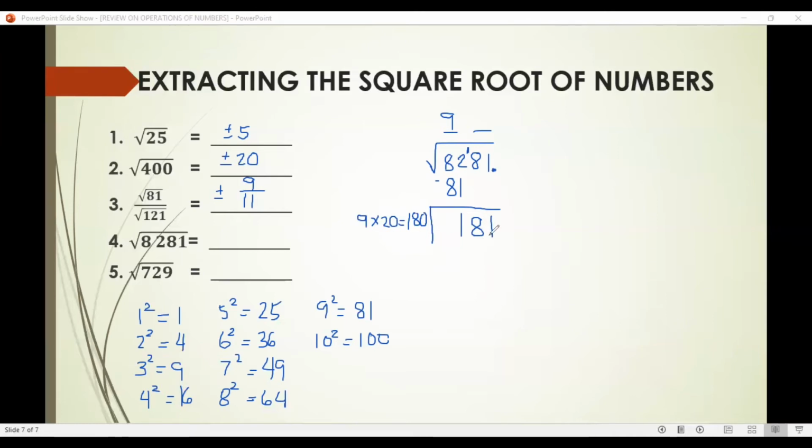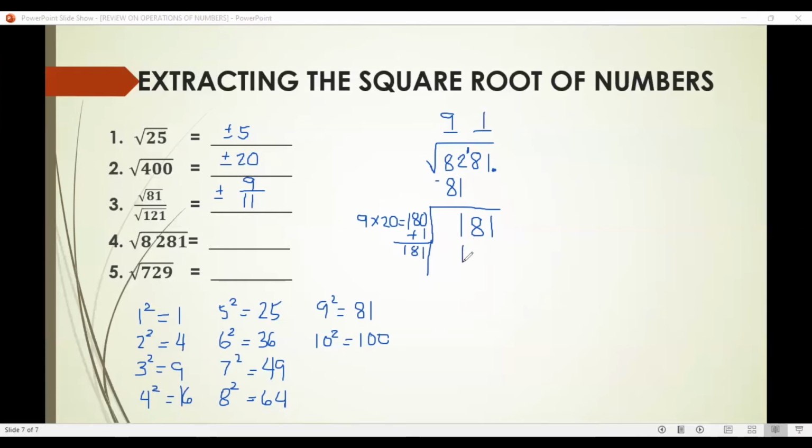So we now divide 181 by 180. So we know that there is one group of 180 in 181. But we don't stop there. We are going to add 1 to it. And then after that, this will now become 181. And 181 will now become the real divisor. So 181 divided by 181, the answer is 1.